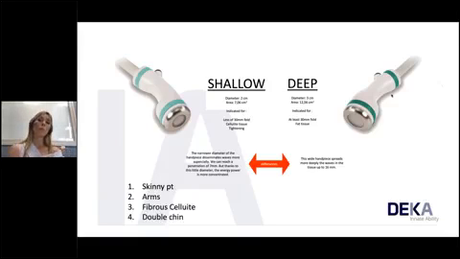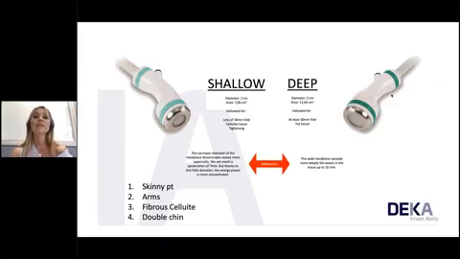But normally, the shallow NPs are used for the treatment of skinny patients to improve the skin quality. It's used for the treatment of the arms, because in this area we do not find a correct coupling with the skin if we use the deep NPs.